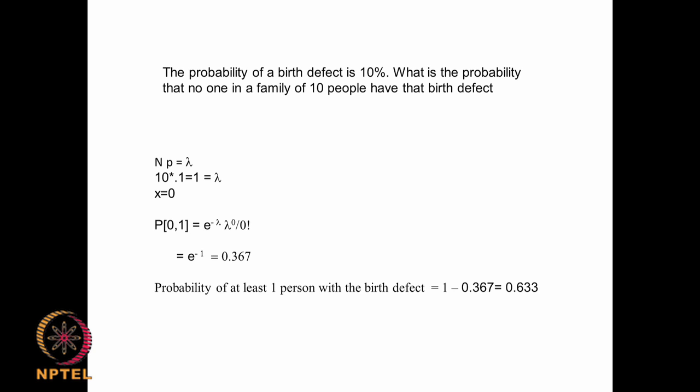So, it will be 1 minus nobody having the birth defect. So, we have 1 minus 0.367, that is 0.633. That means the probability of at least one person having the birth defect in that family of 10 is 63%. At least one person means one could have it, 2, 3, 4 or 5. So, it is exactly 1 minus the probability of nobody having the birth defect.